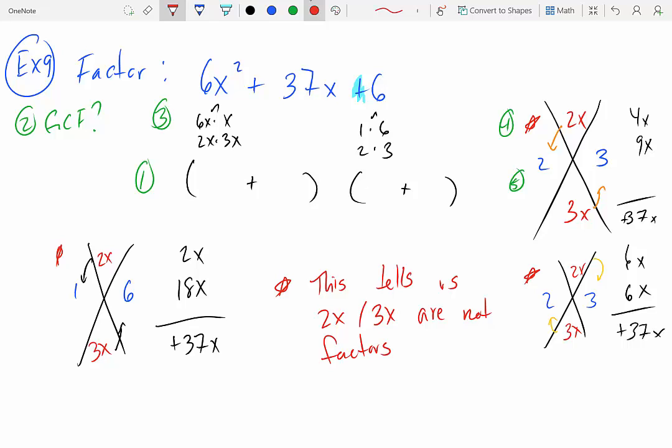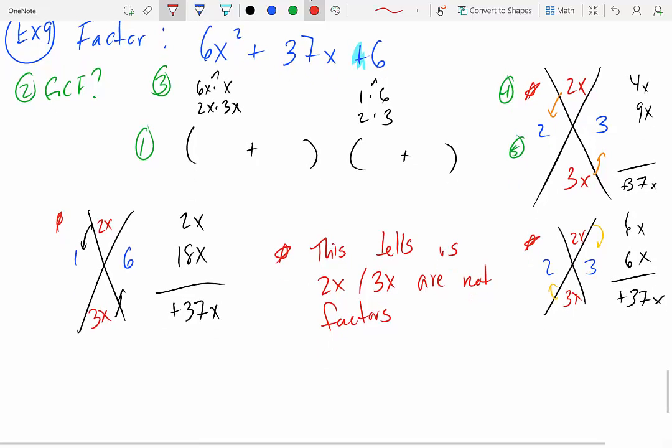So since those aren't factors, let's move our way to the a side and change it from 3x and 2x to 6x and 1x. So we have 2x. Oh, nope, we're not doing that anymore. My bad.